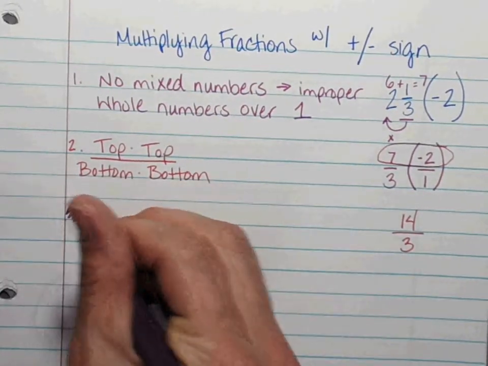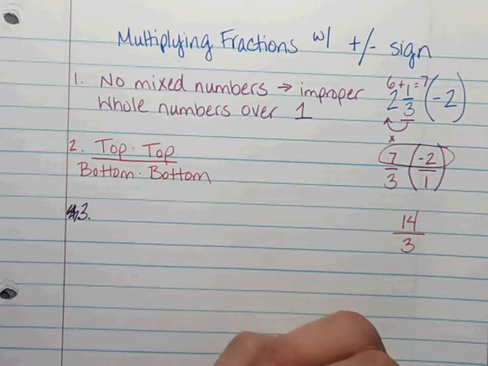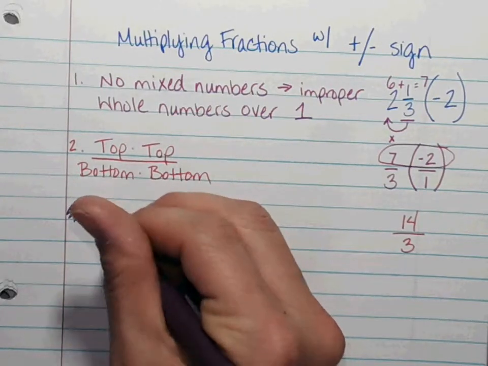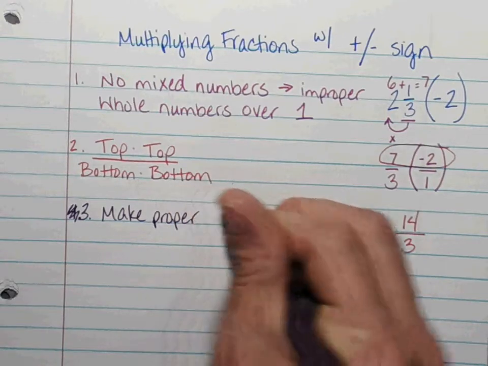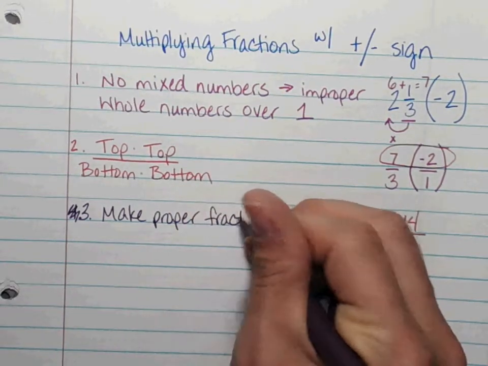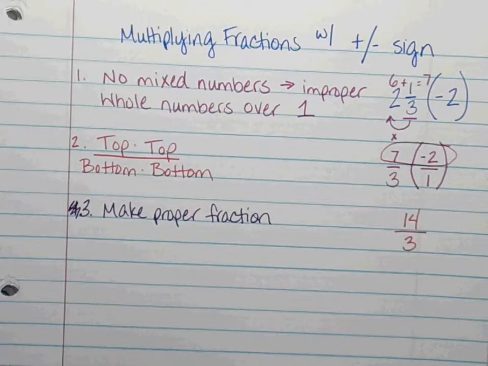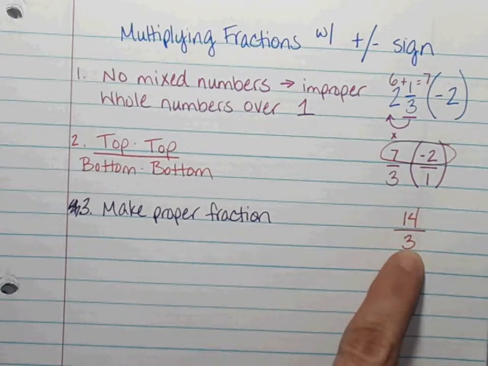Oops, sorry. Step 3. I need to make it a proper fraction. If the question is asking you about fractions, do not give a decimal answer. Okay? So, 14 over 3.